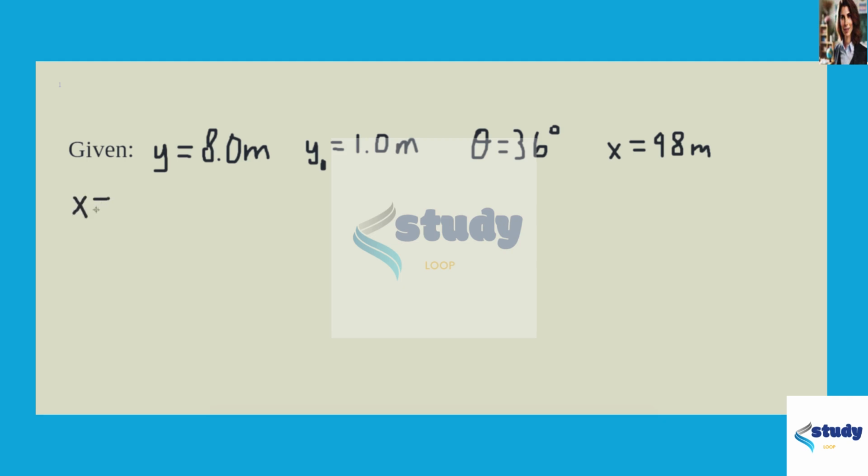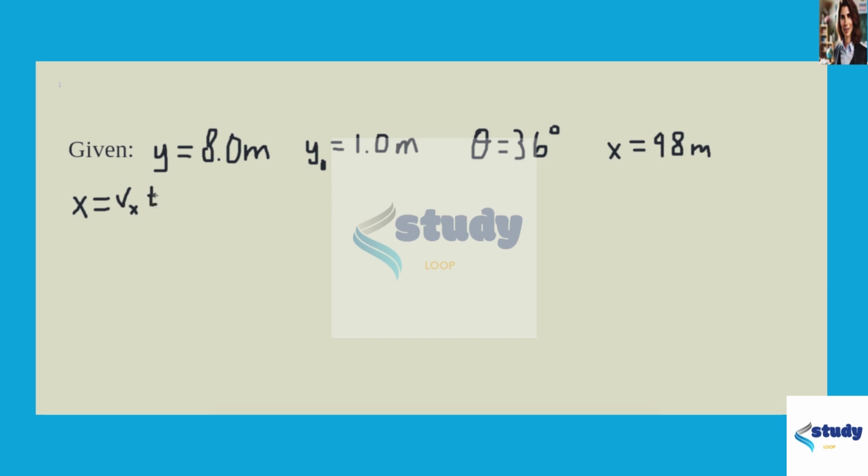Let's start writing out some things we know with the very common equations. One thing we know is distance, which is x, is equal to the velocity in the x direction times the amount of time that it spent.